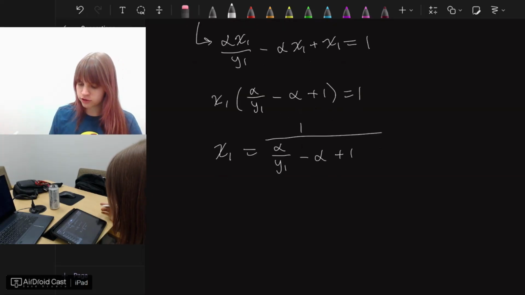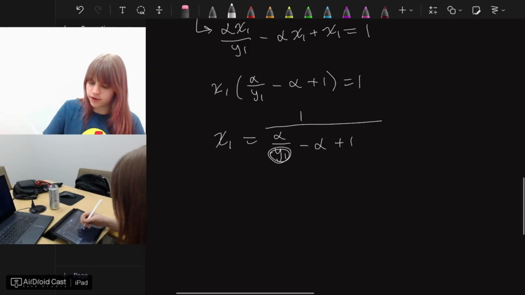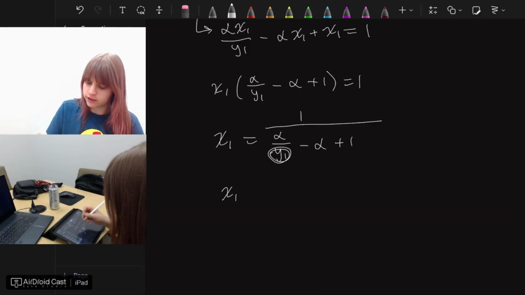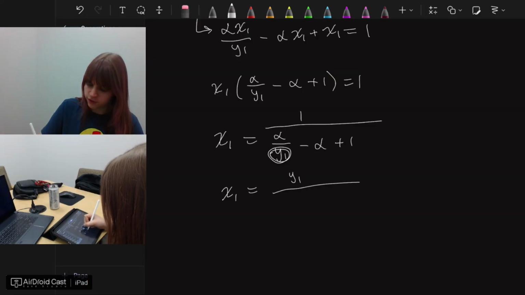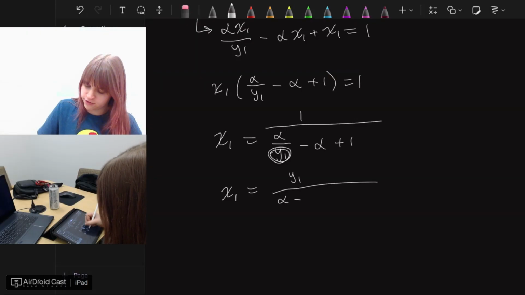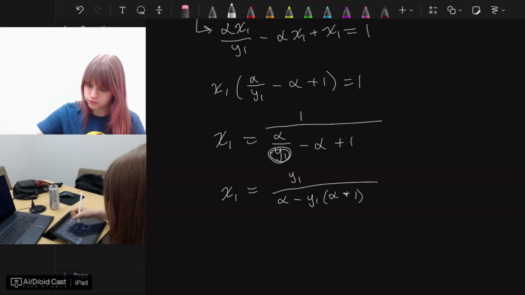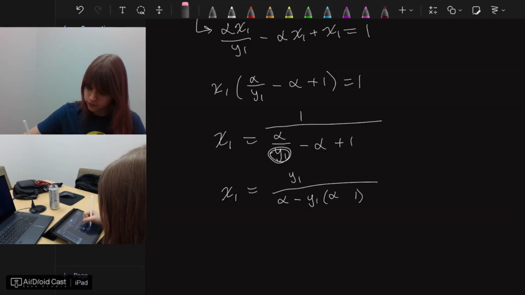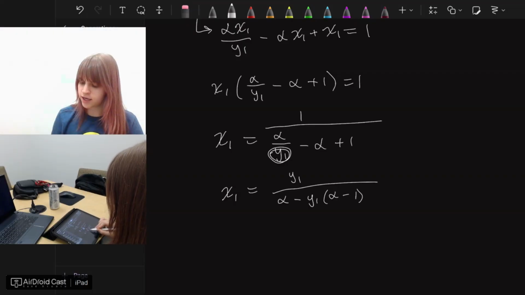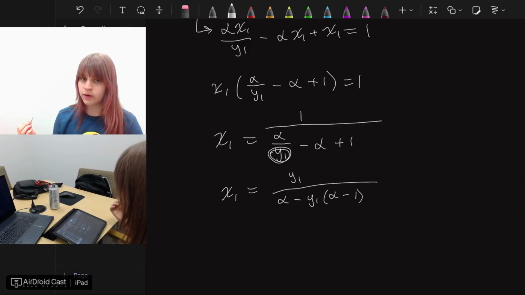And I'm now actually going to multiply by Y1 to get it out of this area right there. So we have our final equation that X1 is equal to Y1 divided by alpha minus Y1 times alpha plus 1. Or sorry, this should be minus 1 right there. So you would get a negative Y1 times alpha and a positive Y1.